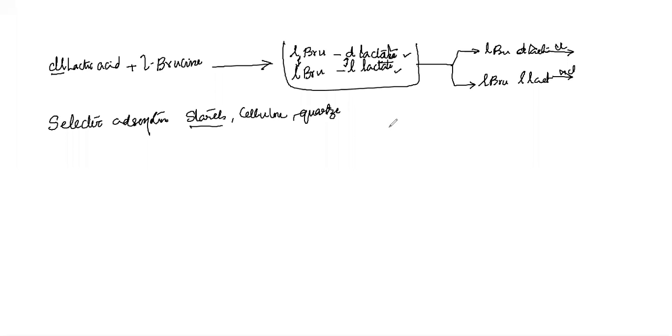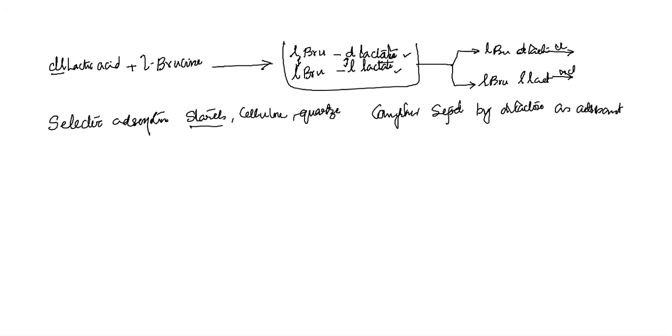For example, you can separate camphor into D and L form by using D-lactose as the adsorbent.